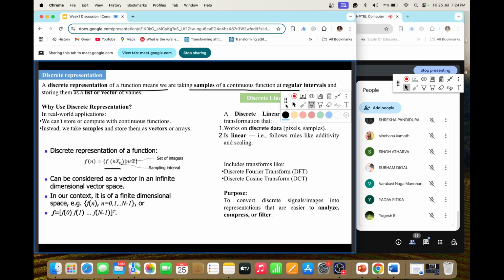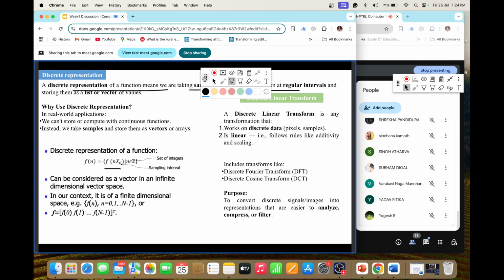And now there is the discrete linear transform. The previous transforms we have seen, the Fourier transform etc., are for continuous functions. Now we will see the discrete linear transform. A discrete linear transform is any transform that works on discrete data. Linear means that it follows rules like additivity and scaling.